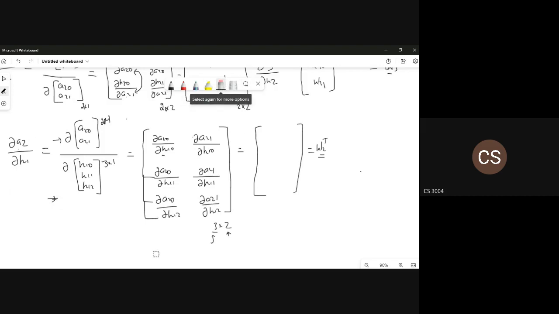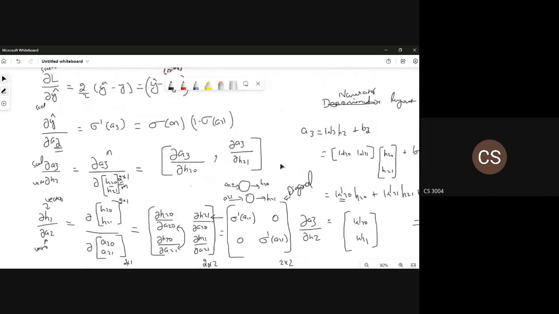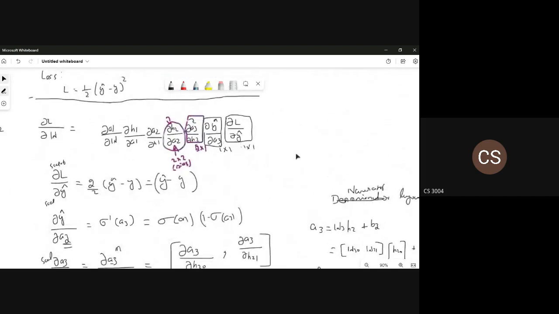Okay, now the picture is clear. We have all the things we need, and the same thing just gets repeated for every scenario. Now we have computed this. The dimension is going to be 3 by 2, right?